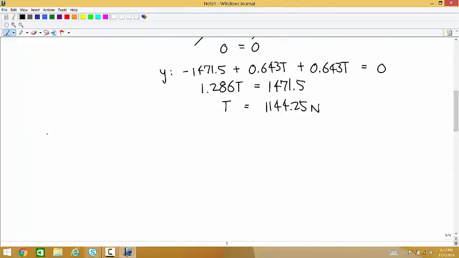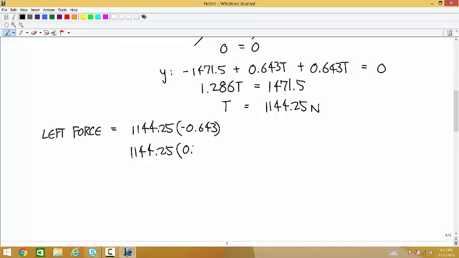So the left force says 1144.25 times negative 0.643 is the x component, and the y component is 1144.25 times positive 0.7, what did I say, 66?